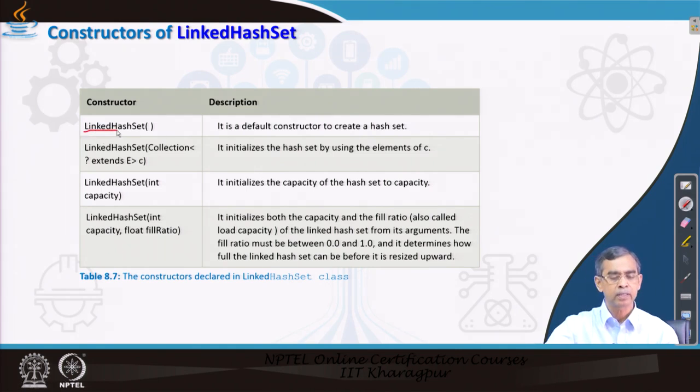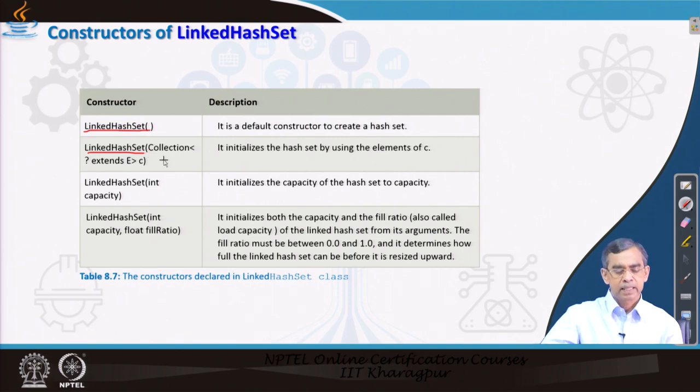This is the default constructor, and this is basically the same as the hash set constructor. If we want to create a linked hash set with an existing collection as input, this is basically the same as the hash set.